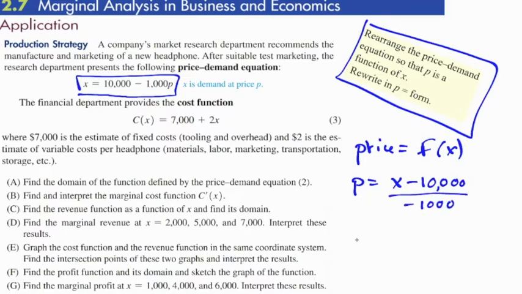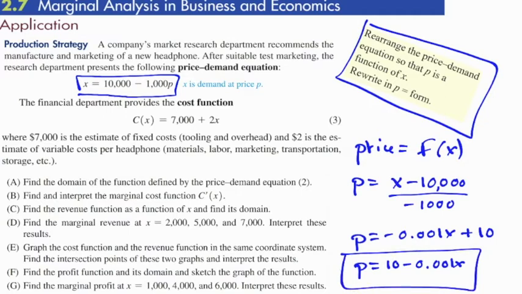And we can simplify this to P equals negative 0.001x plus 10. Or if we like the positive in front, P equals 10 minus 0.001x. So now we have it in P equals form. This is the format we can use to generate a revenue function.